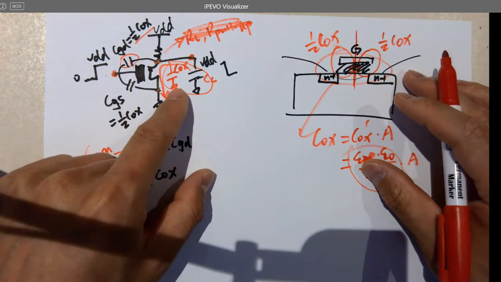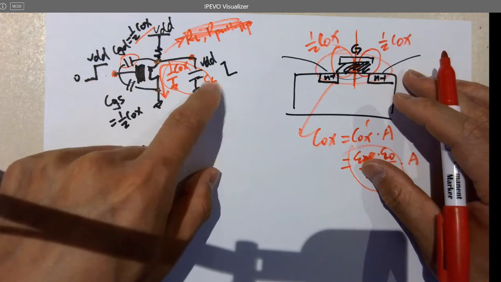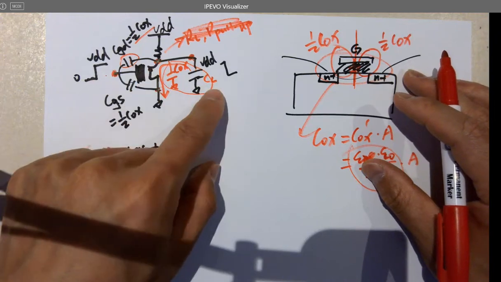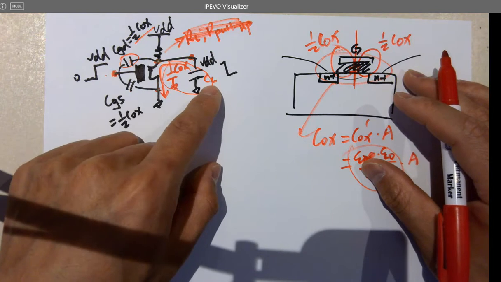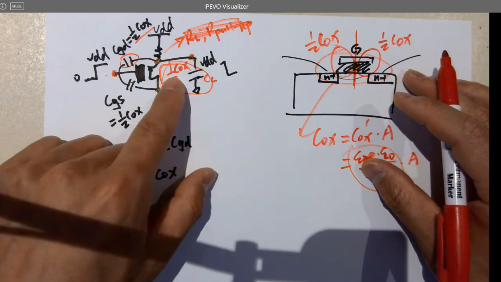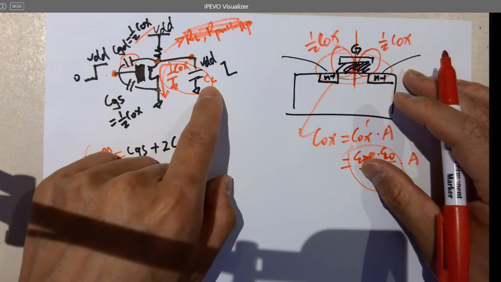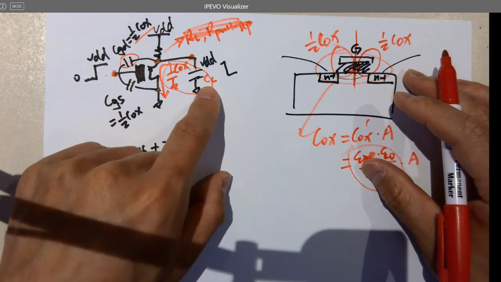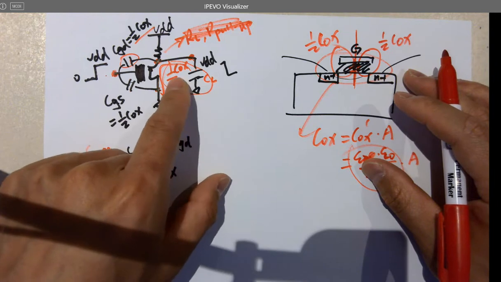And usually, because the transistor is tiny and the load capacitance is huge, at the output pin you can ignore Cox as long as your load is large enough. You have 1 nanofarad plus 1 femtofarad.